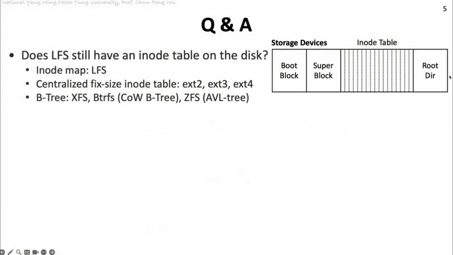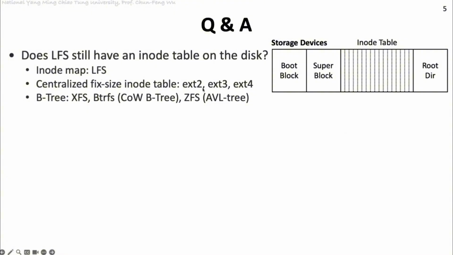I think this is not super precise, because the inode table here is just a concept. Different file systems use different data structures to implement the inode table. For example, a log-structured file system uses the inode map to organize the inodes.